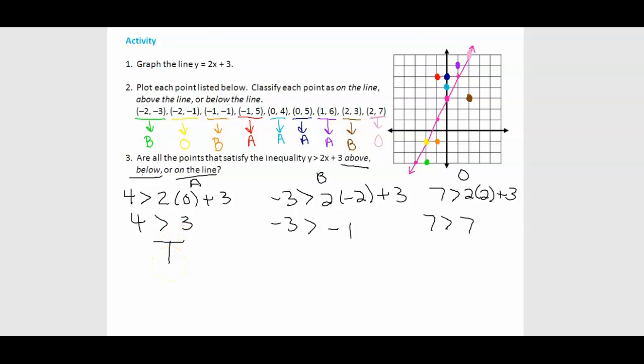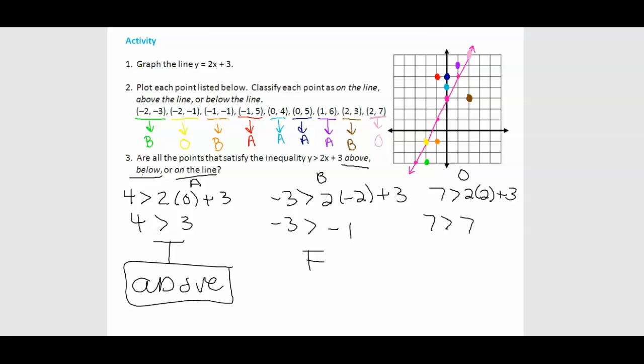So it says, are all the points that satisfy the inequality above, below, or on? Well, the points above are true. So I'm going to say that above satisfies. Below. Is -3 greater than -1? No, so that's false. So that does not satisfy my equation.